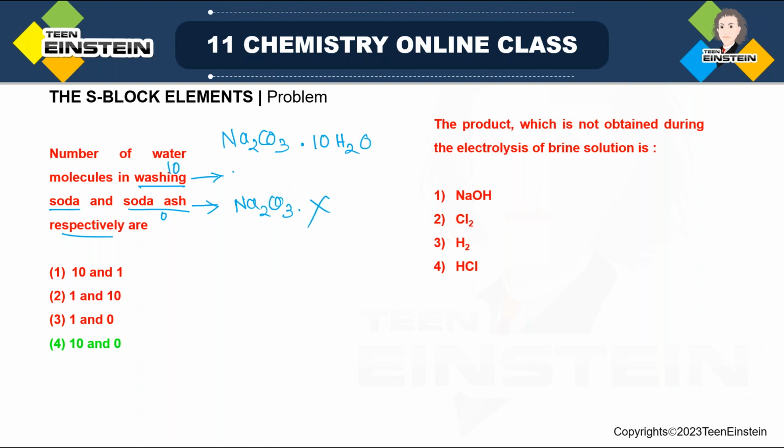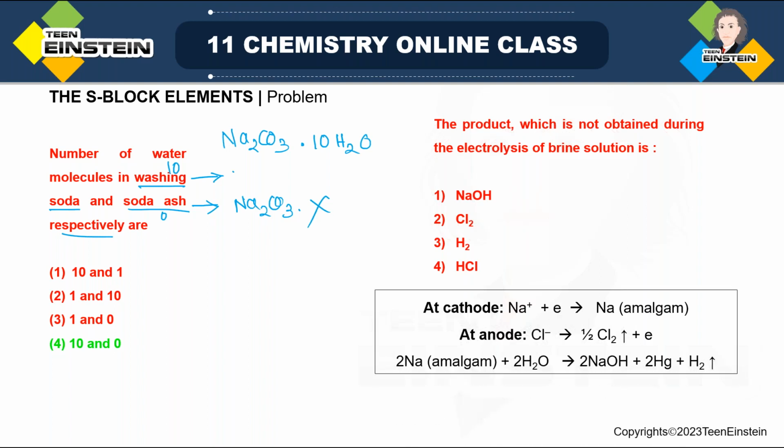To answer this question, you should have an idea of the reactions going on in the Castner-Kellner cell. It is not directly mentioned in the question that it is the Castner-Kellner cell reaction, but when we talk about electrolysis of brine solution, this is the name of the cell we use.